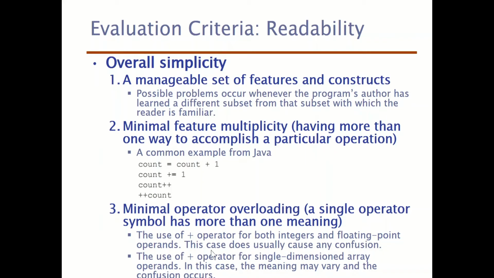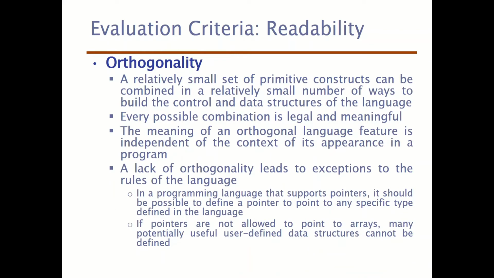How about if both of them are character? So it's from the char type, two characters. How about if we are using the plus operator, the addition operator, for single dimensional array operands? Are we adding the elements, or what exactly do we mean by using this operator? This is usually a source of confusion in programming, and it actually creates something opposite to the simplicity of understanding or reading written code.